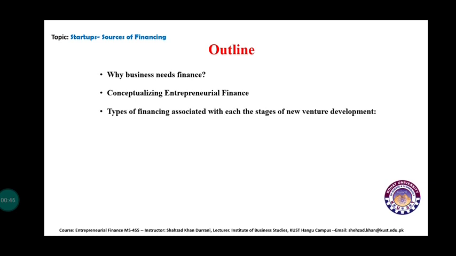These stages and the financing required for them are: the first stage, research and development, where the finance required is the seed financing. The second stage is called the startup stage, and the financing required is called the startup financing.